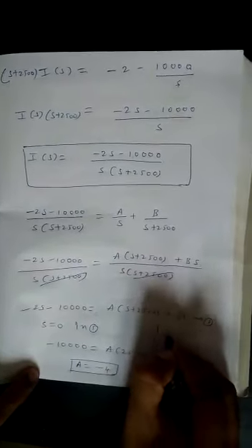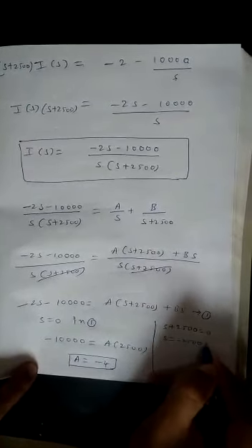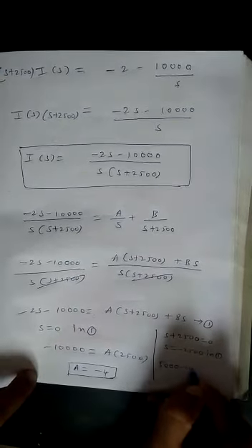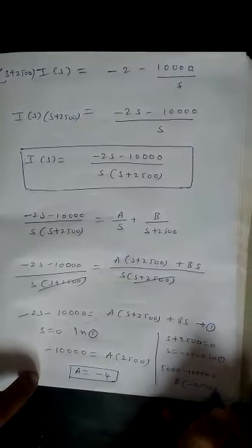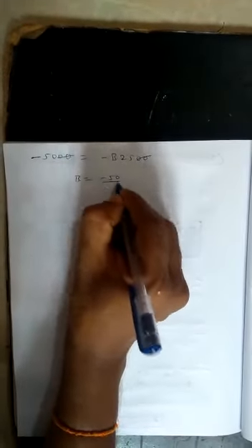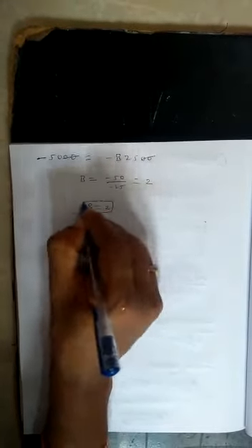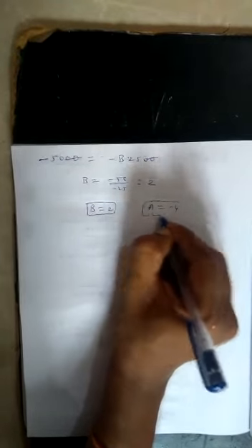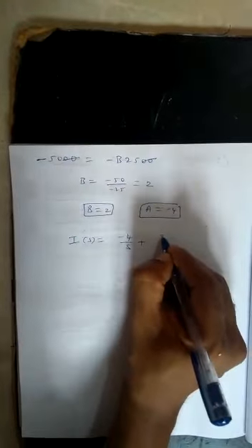Another possibility, s plus 2,500 equal to 0, s equal to minus 2,500 in equation number 1: 5,000 minus 10,000 equals B into minus 2,500. After simplification, B equal to minus 50 by minus 25, which is 2. So B value is 2, A value is minus 4, I of s equal to A by s plus B.